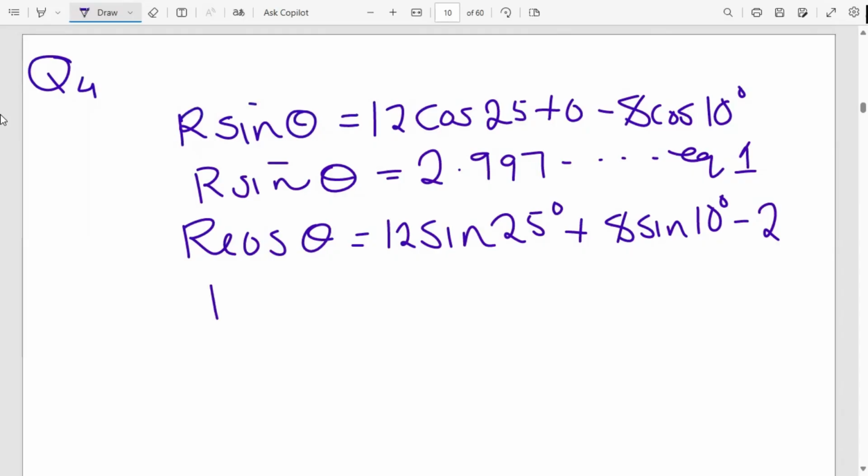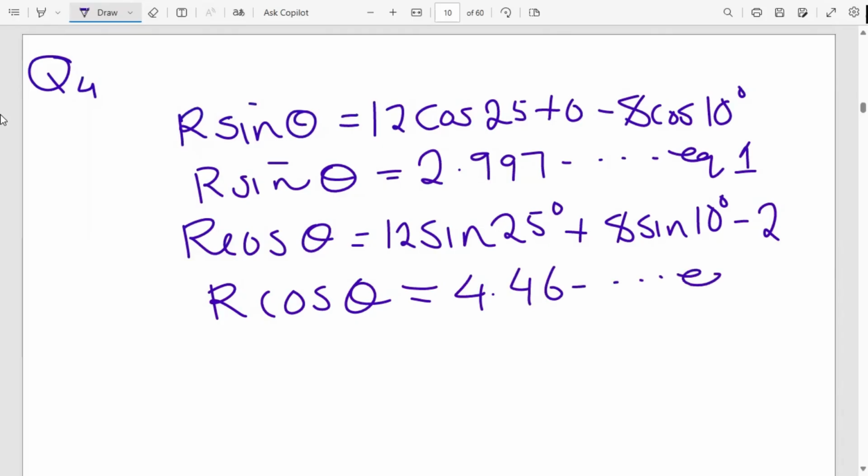And I'm getting r cos theta being equal to 4.46. And we're going to call this one equation 2. So these two equations are the ones that we're going to work with in order for us to find the value of r and theta.